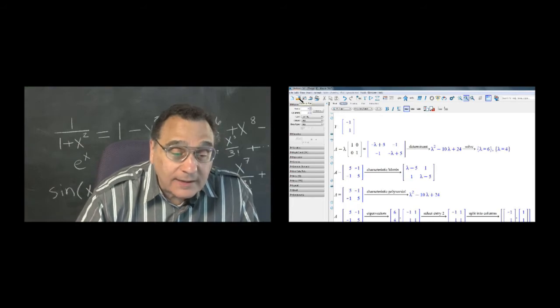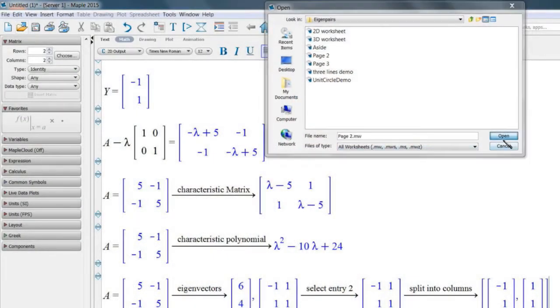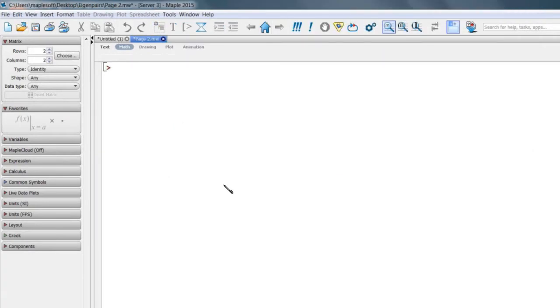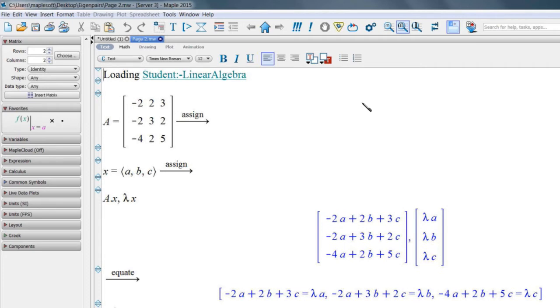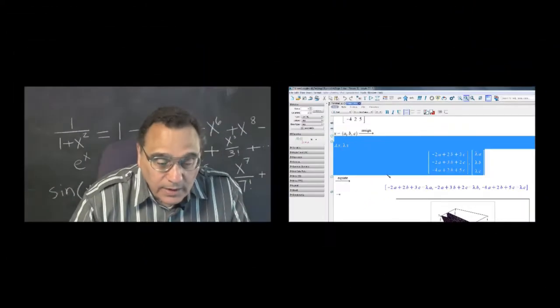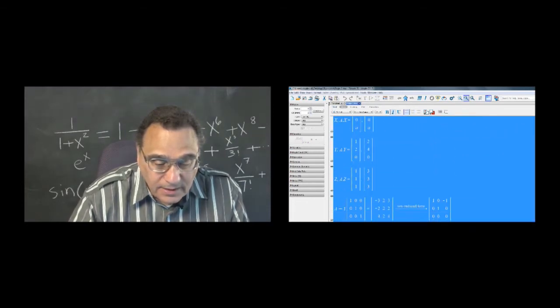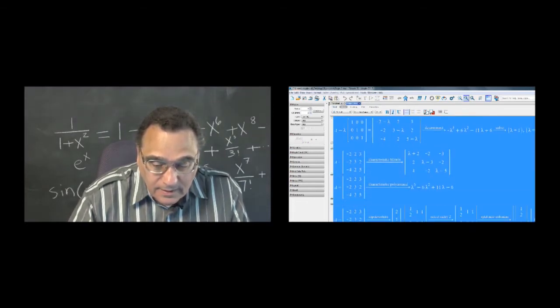Okay, let's go to a 3 by 3. Are things radically different if you go to a 3 by 3? So let's try a 3 by 3. What happened here? I know what happened here. From this morning, all of this stuff got saved, which I didn't intend saving.